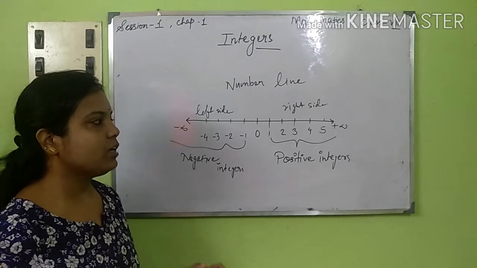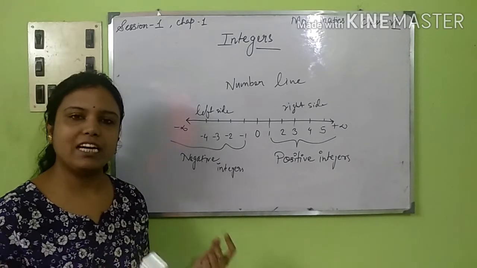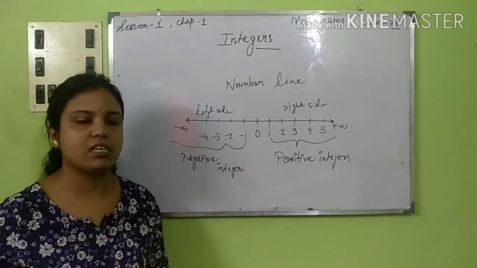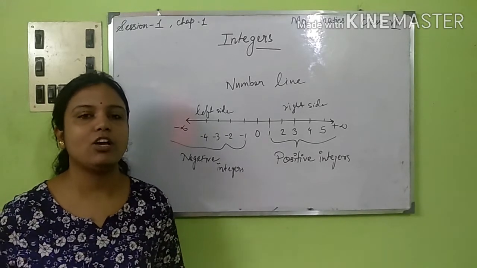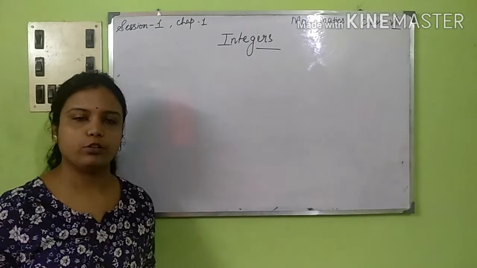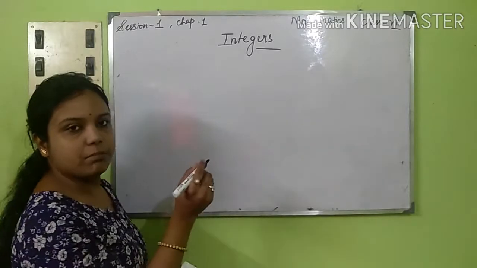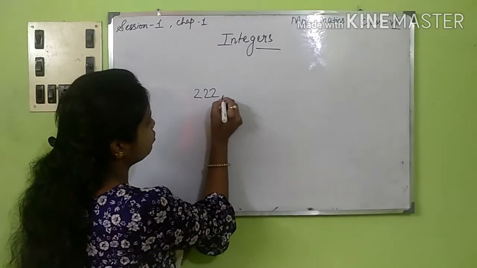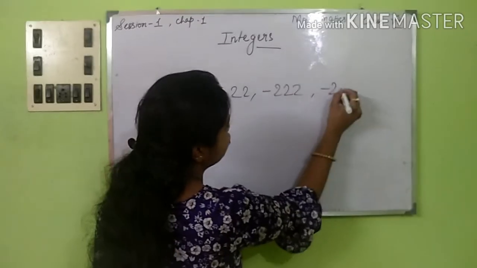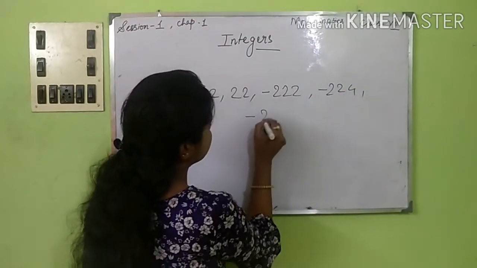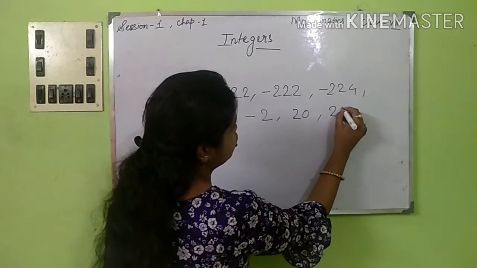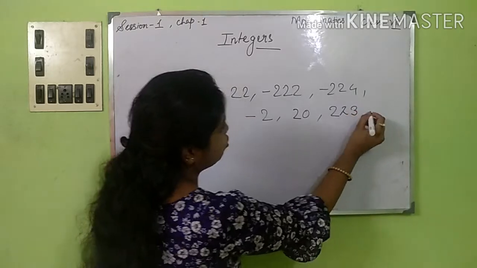Next, coming to the other portion, that is if a set of numbers is given to you, how to write that in ascending order or in descending order. Now suppose we have a set of numbers given to us, that is 222, 22, minus 222, minus 224, minus 2, 20, 223.